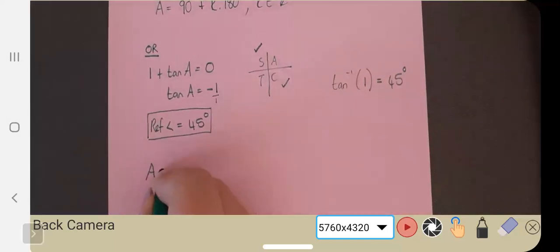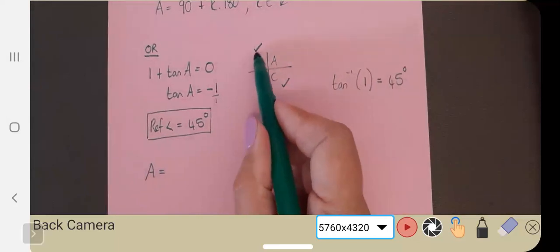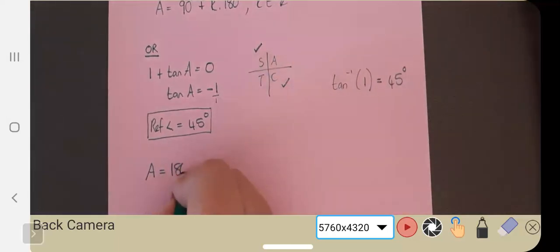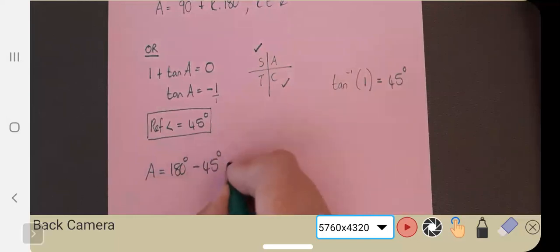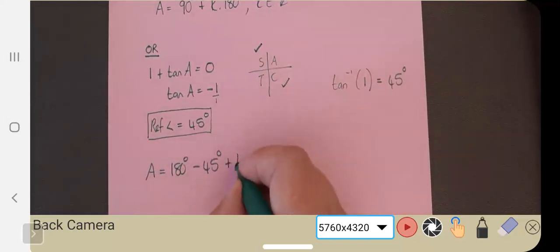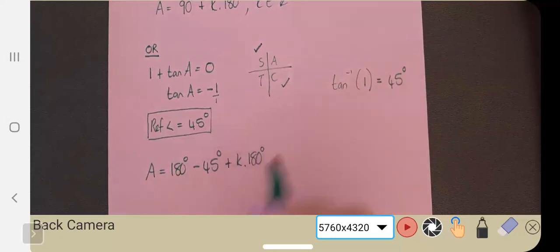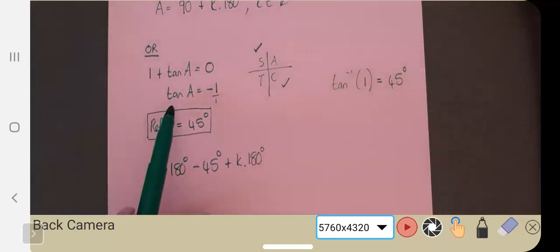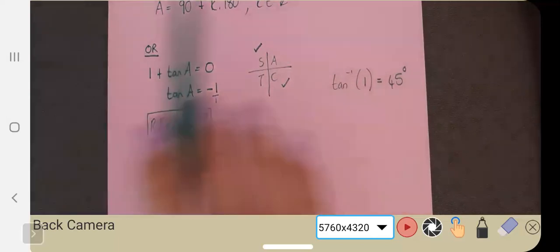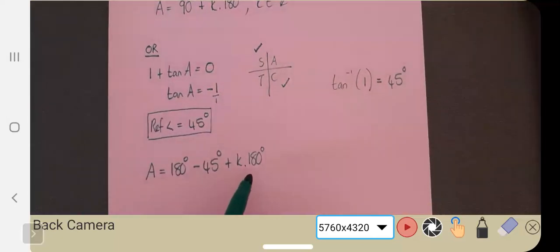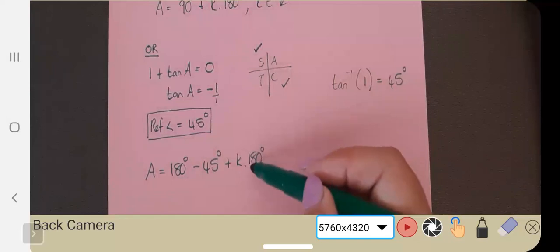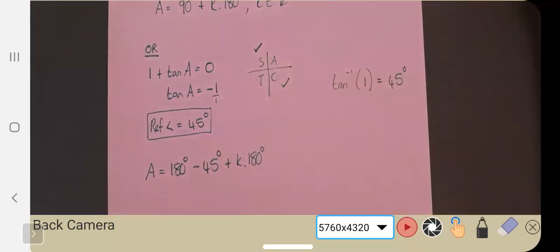So A equals 180 minus 45 plus k times 180 degrees, because I'm working with tan, and tan completes its graph in 180 degrees. So you always put the period of the main mother graph here. A will therefore be 135 degrees plus k times 180.